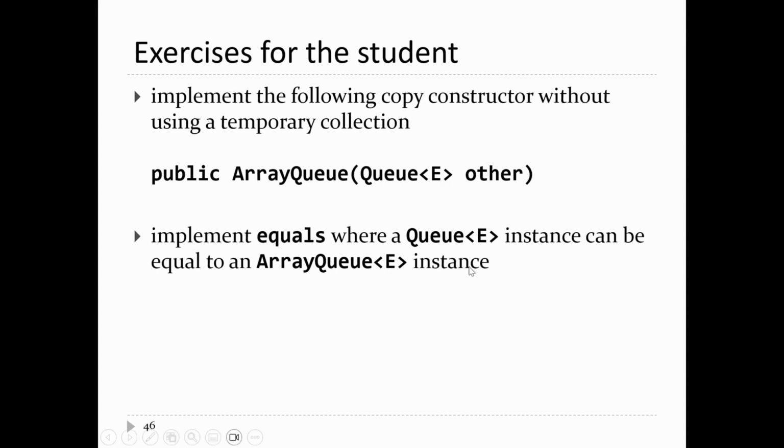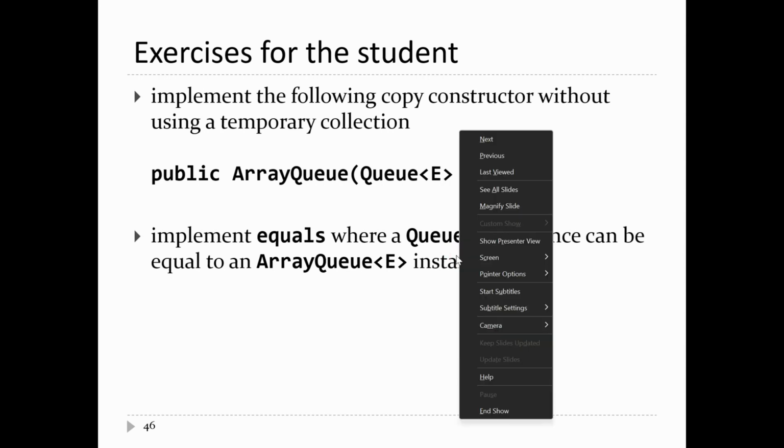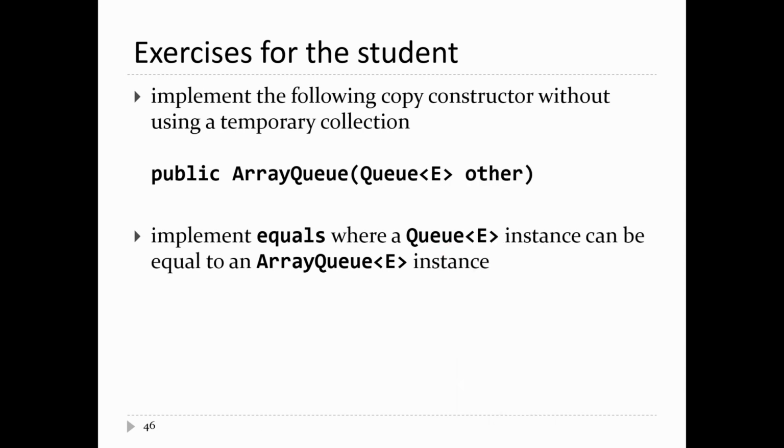Again, the challenge you're going to have here is that you can only use the methods of Q. You don't know how that particular Q that you're comparing to is being implemented. And again, when you call equals, you don't want to permanently change either Q. So that's the challenge with implementing equals here.